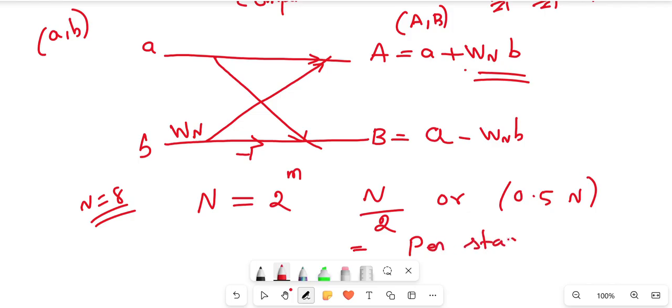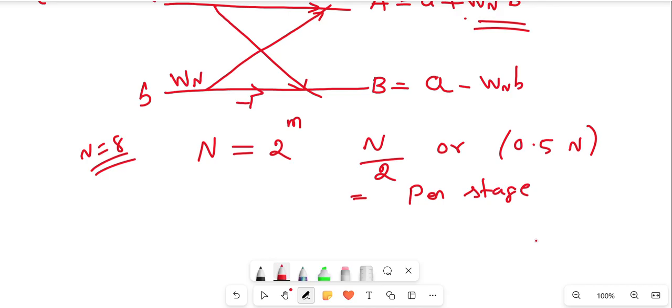Per stage, how many butterflies are required? For n equal to 8, n by 2 butterflies per stage of the computation. How many stages does it require? m is equal to log n to the base 2.